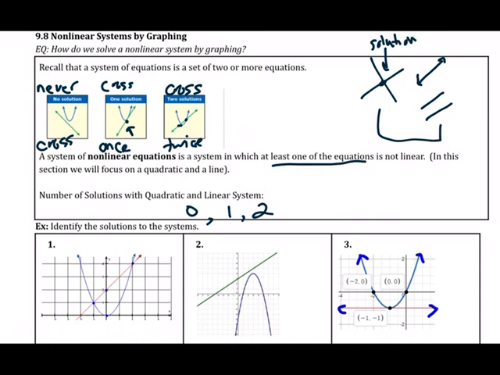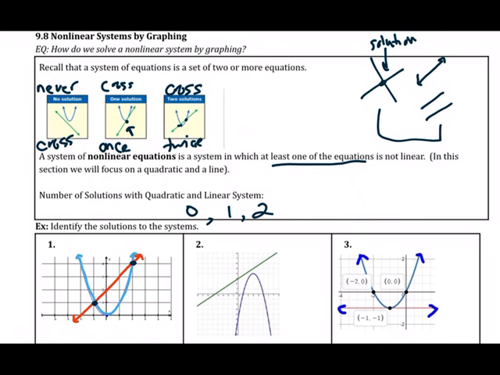So we're first going to look at some graphs and identify where they cross. Looking at number 1 down here, I'm going to darken this blue quadratic, and I'm going to darken the red function here. And we're looking for the 2 points at which these two functions cross each other. So not where they're crossing the axes, but where they're crossing each other. And that's happening here and here.